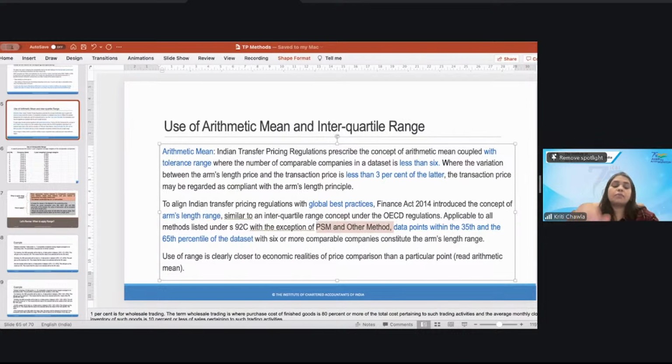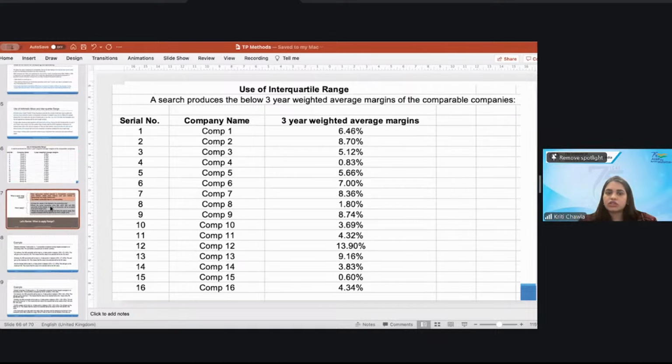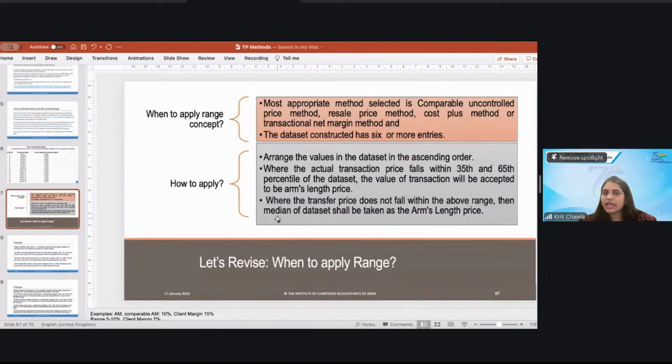But if you have comparables up to 5, you can use the concept of arithmetic mean. So for 2, 3, 4, and 5 comparables, you can still use the arithmetic mean. But if you have 6 or more comparables, then you have to use the interquartile range. So that is the concept of range and arithmetic mean.